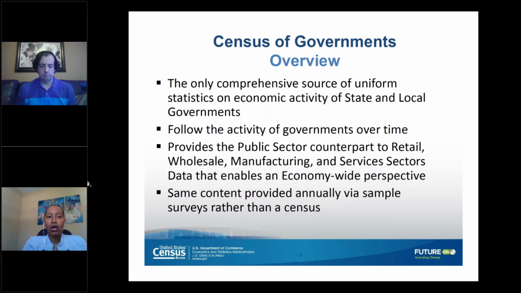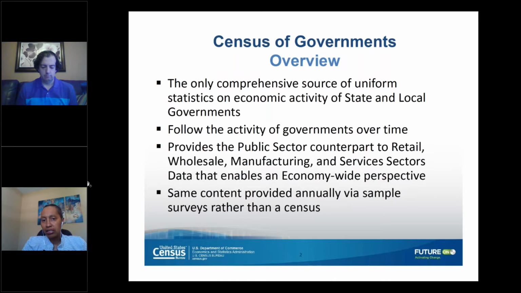These data basically give you information about the public sector component, which is very similar to the econ census, which I hope some of you are familiar with. The focus for the econ census is business. So we are more or less the counterpart on the public side, or the public sector, of the state of the economy.